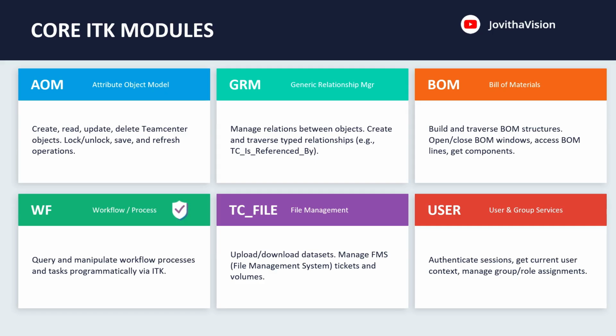The next one is TC_file, file management. When you need to upload or download files and datasets, TC_file handles the FMS, ticket generation, and volume operations. The last one is user. User and group services covers session context, current user identity, and group and role information. These six are the foundation.